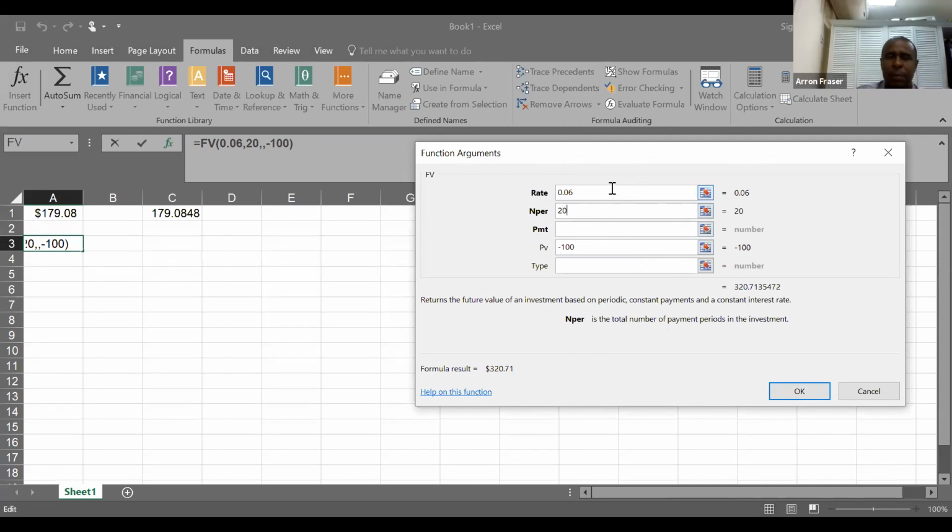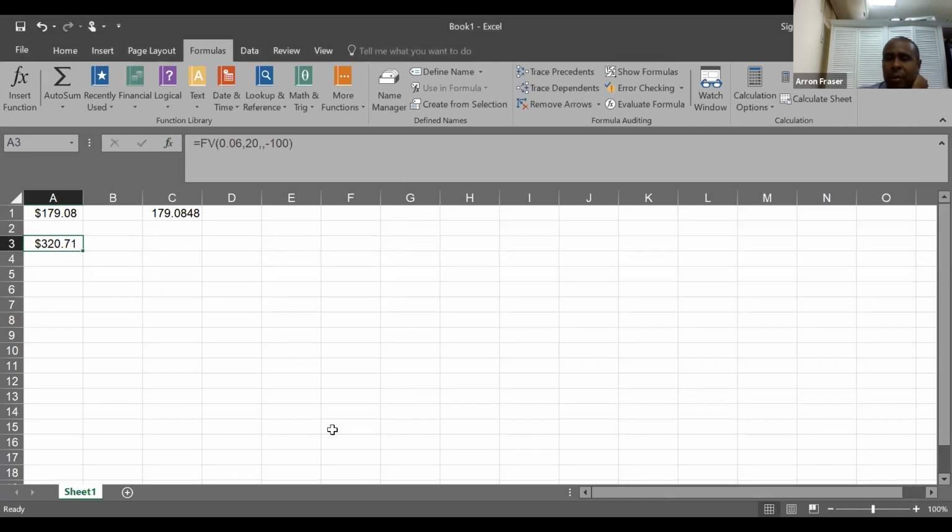So the rate is 6%, the NPER is 20, and then the PV, the investment that you make now, is $100. So once you get that, it will give you 320.71. So $100 invested at 6% for 20 years will give you a future value of $320.71.